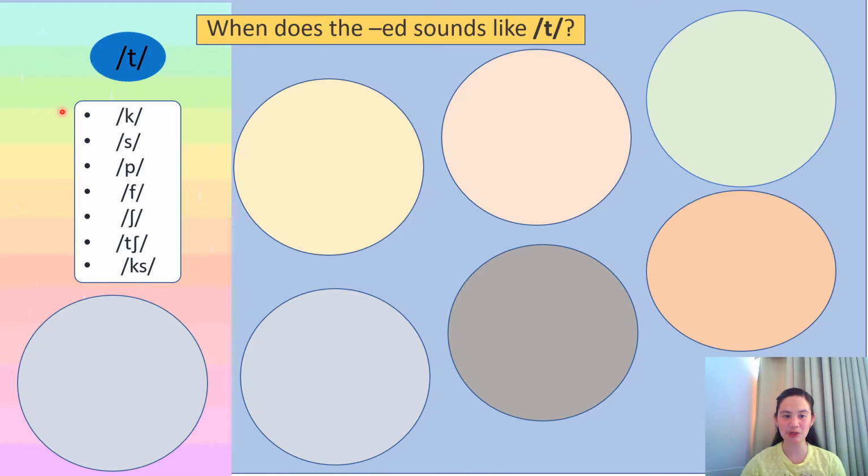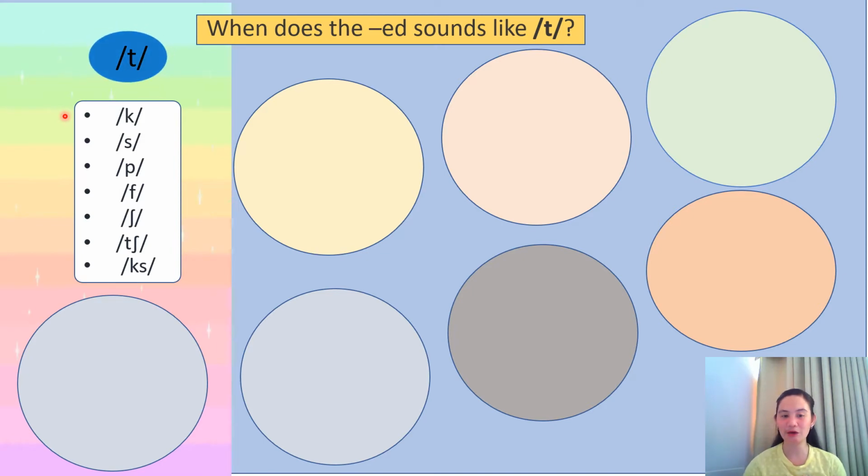So let's try to produce these sounds. We have the first sound k, s, p, f, sh, ch, x. As you observe, there is no vibration in your vocal cords when you pronounce these sounds.